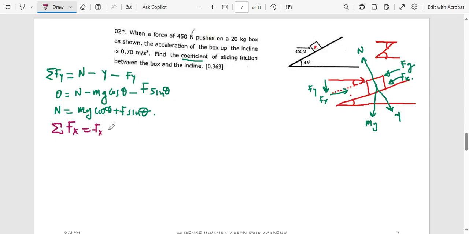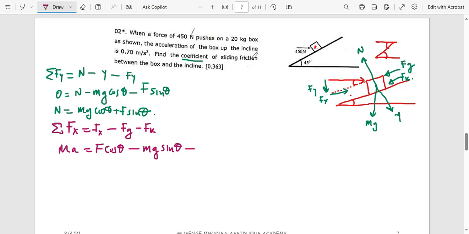The forces that are going downwards, we have Fg and then we have Fk. Net force in the x is given by mass times acceleration. The x component of the force is given by F cos theta. Remember, x component is always cos. Fg is given by mg sin theta, isn't it? We already derived that.